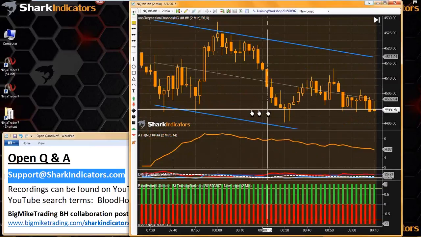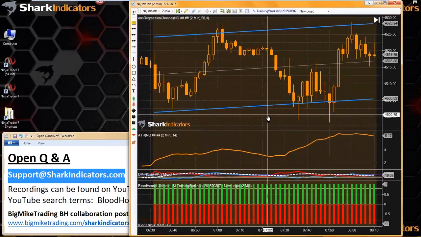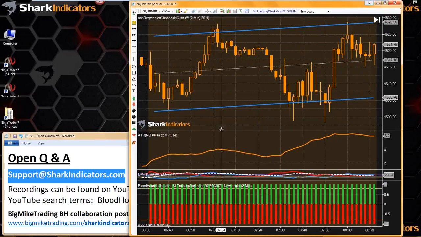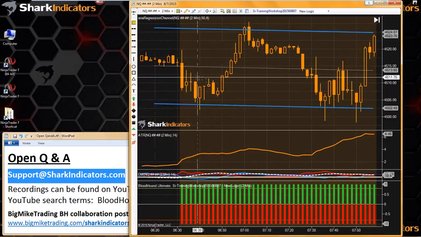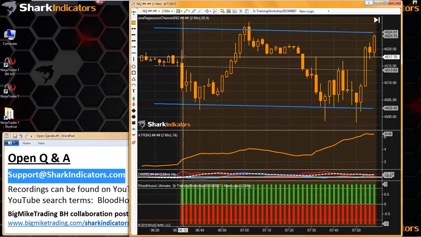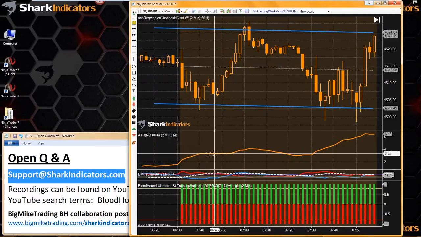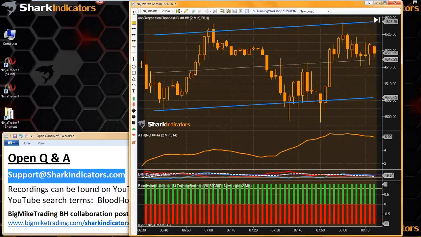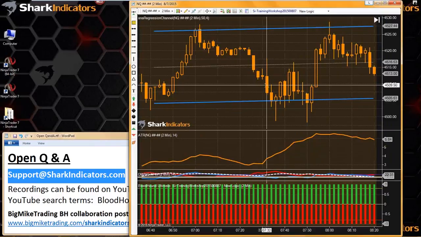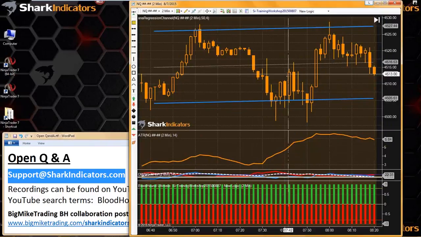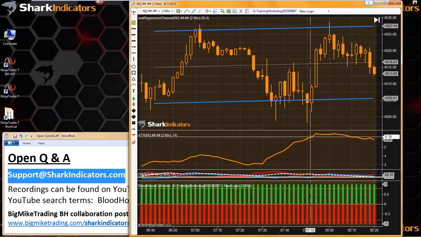Looking at this ATR, we can see that as the candles got longer, the ATR slopes up. And then as the bodies got smaller, so we got some really small bodies here early in the morning, the ATR began to fall. Then we got some really long candle bodies, and the ATR rose.